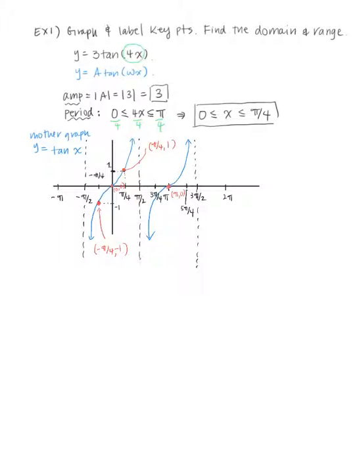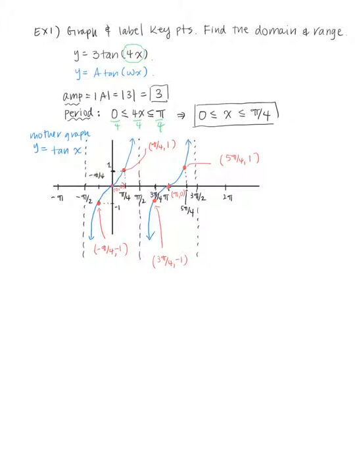Okay, so this key point right here is 5 pi over 4, comma 1, and this is so drawn off the scale, sorry. All right, now this key point right here is going to be 3 pi over 4, comma negative 1.